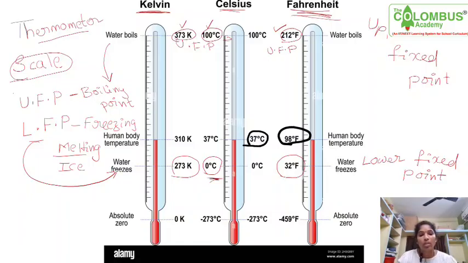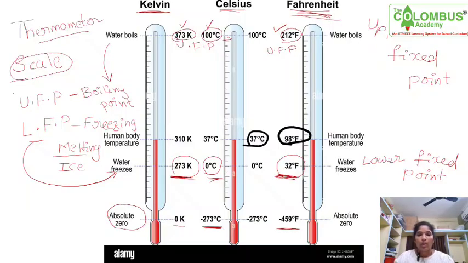In Kelvin it equals 273, and in Fahrenheit it equals 32 degrees Fahrenheit. And the absolute zero value in the Kelvin scale is 0 Kelvin, which equals minus 273 degrees Celsius, and that equals minus 459 degrees Fahrenheit.